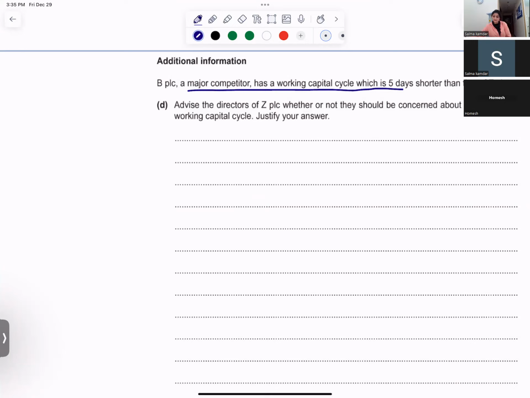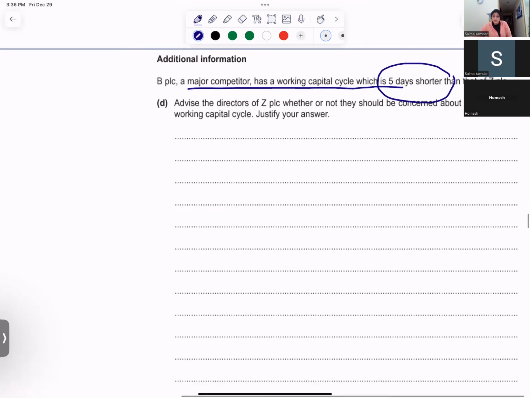Read the question, please. BPLC, a major competitor, has a working capital cycle which is 5 days shorter than that of ZPLC. Advise the directors of ZPLC whether or not they should be concerned about the company's working capital cycle.